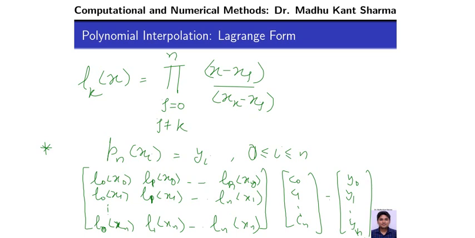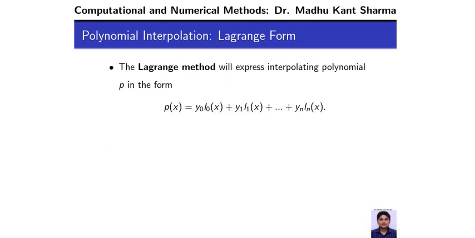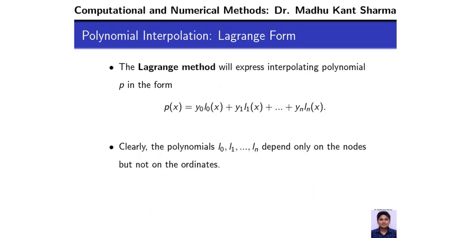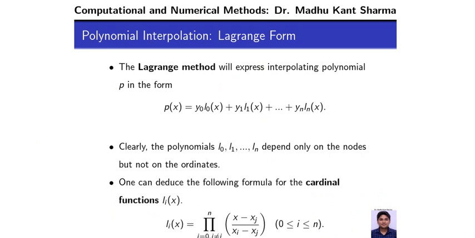Okay, right. So it is easy to solve for C0 to Cn, irrespective of the polynomial basis. If you recall the polynomial basis, you have an ill-conditioned matrix there. So what we have observed just now is that Lagrange's method will express the interpolating polynomial in the following form: P is equal to this. So clearly the polynomials depend only on the nodes but not on the ordinates. One can deduce the following formula for the cardinal function that we have already derived.